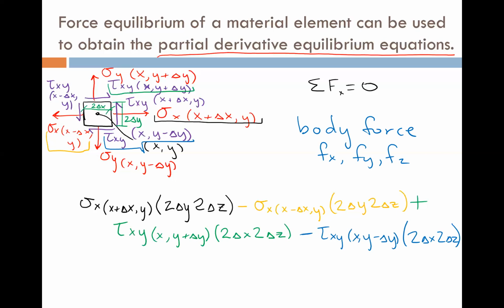We'll say plus fz, where this is the body force. So if, for example, the x direction is the gravity direction, that would be included in this equation. All right, now we're going to divide this entire equation in order to simplify it a little bit by delta x, delta y.